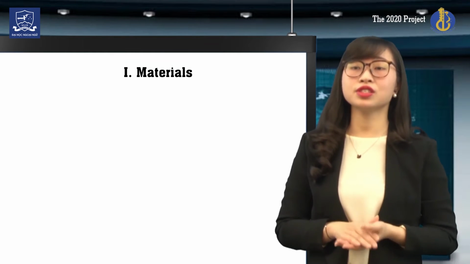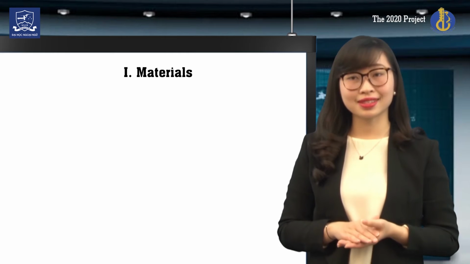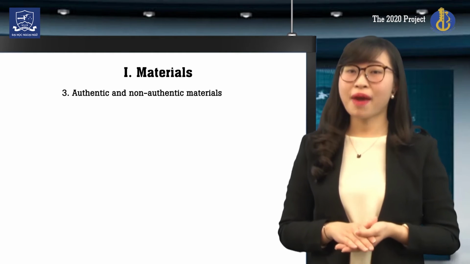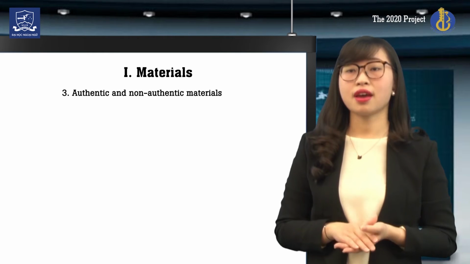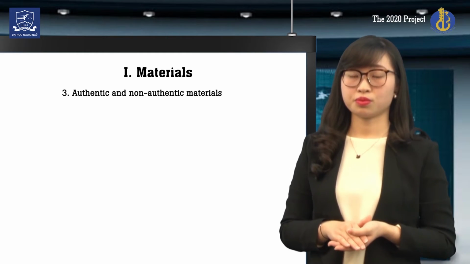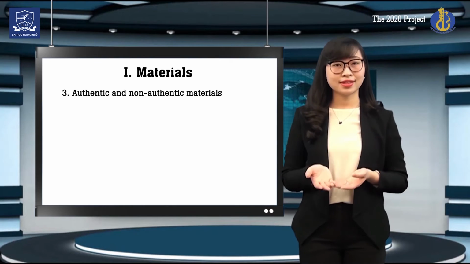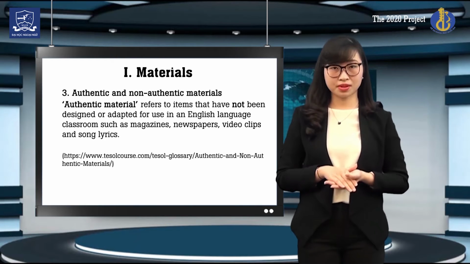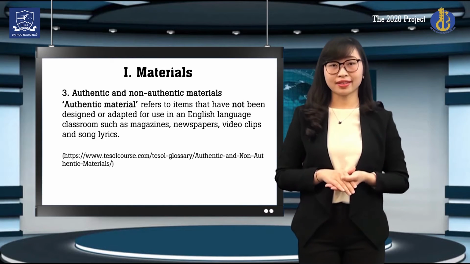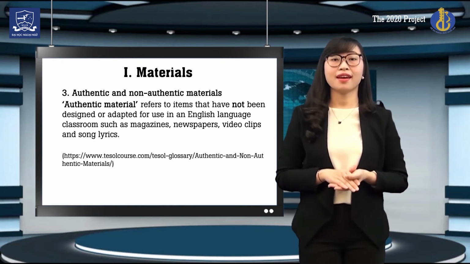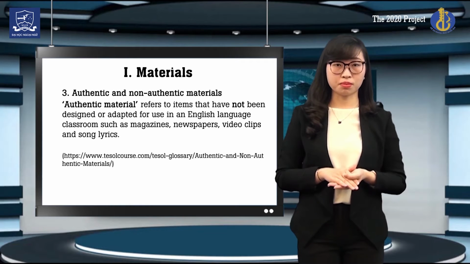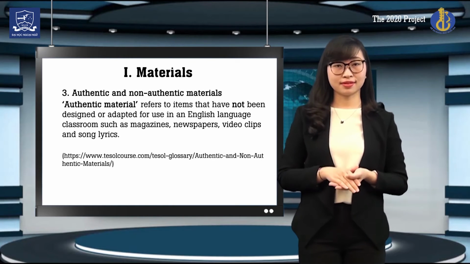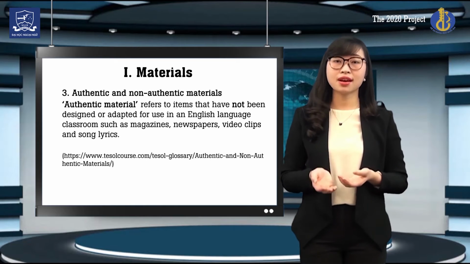These teaching materials are often classed as either authentic or non-authentic, depending on their origin and how they're used. Authentic materials refer to items that have not been designed or adapted for use in an English language classroom, such as newspapers, magazines, video clips, and song lyrics.